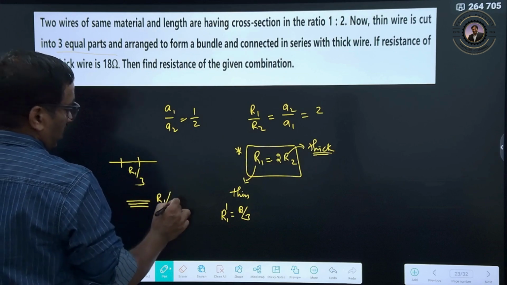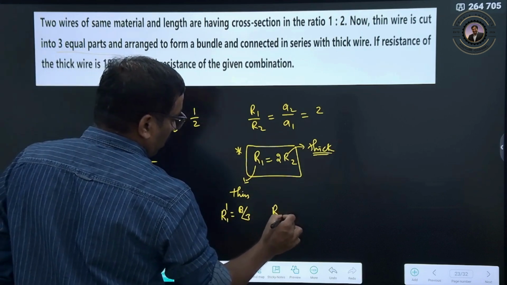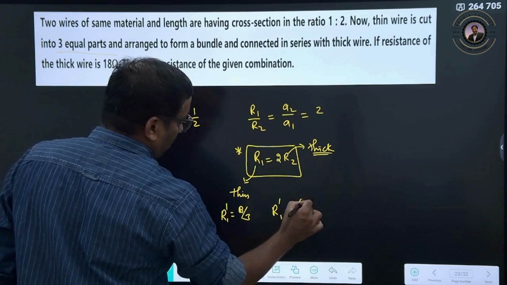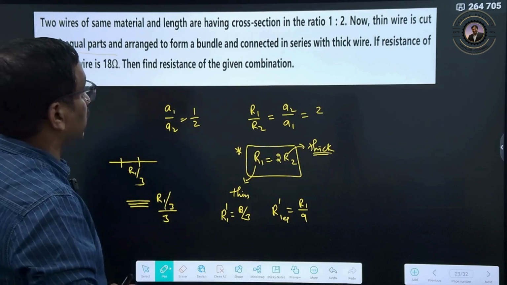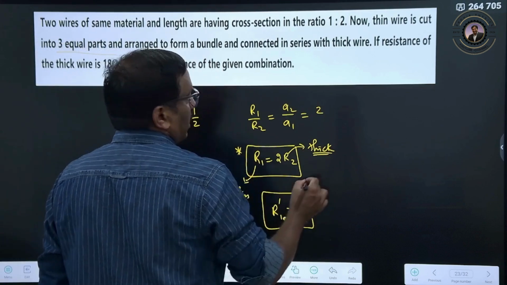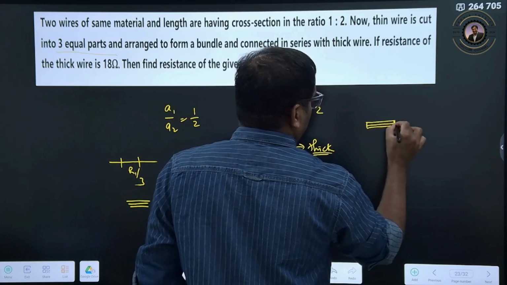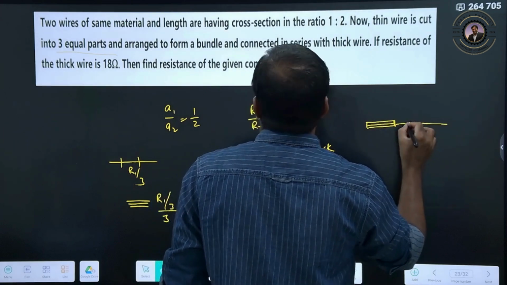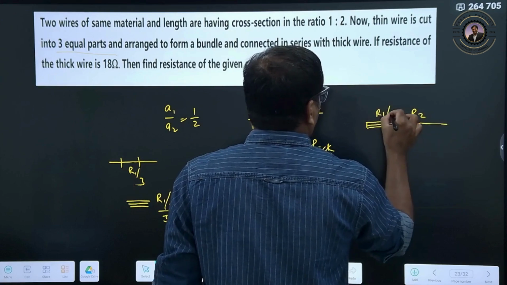So R1 by 3 by 3 means the equivalent R1 dash is R1 by 9. This bundle is connected in series with a thick wire, which is R2. This is R1 by 9.